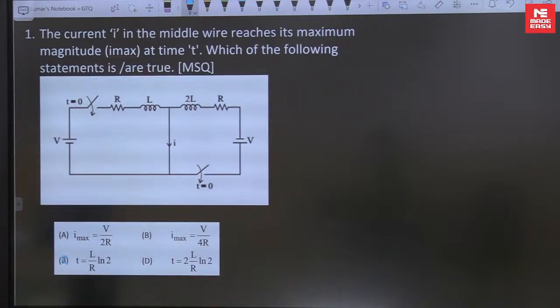Sanjay Kumar Verma has given A and C. A and C: I maximum is V by 2R and T is equal to L by R log 2. A and D. Devdas. A and C. Only A.